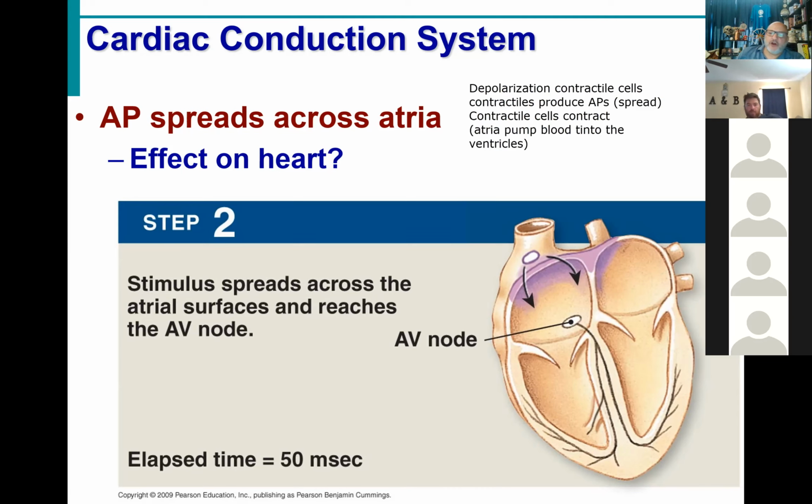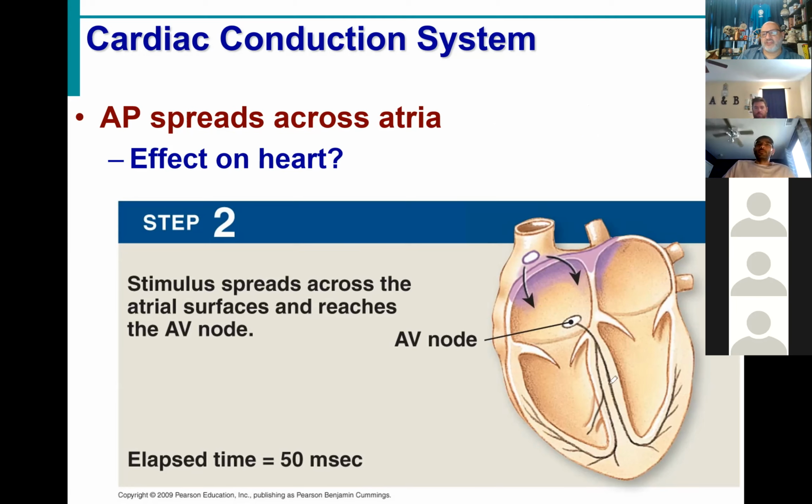But if the valve prolapses, then essentially it doesn't seal properly. So when it contracts, some of the blood is going to go back into the atria instead of going out into the artery. So it's related more to the changes in pressure and damage to the valve as opposed to anything to do with the conduction system.